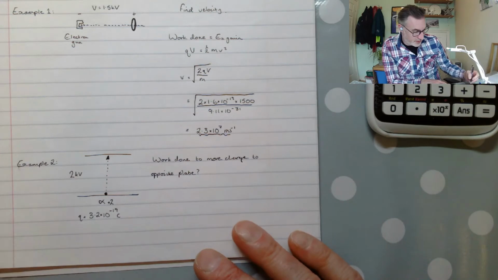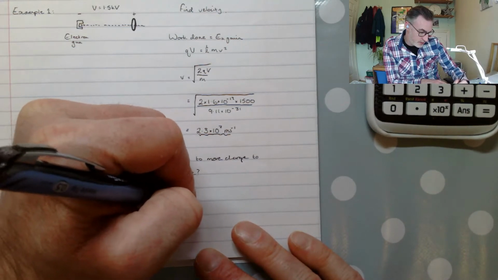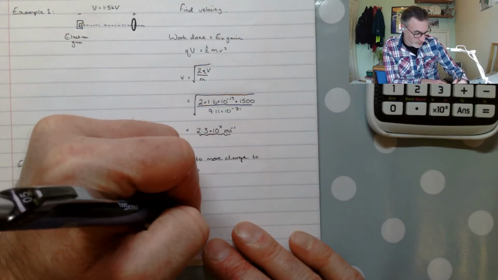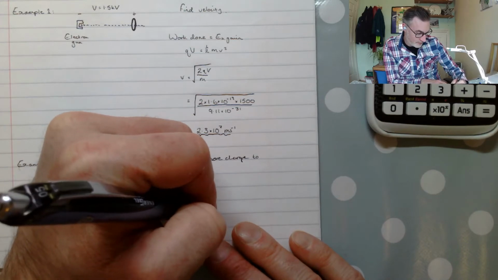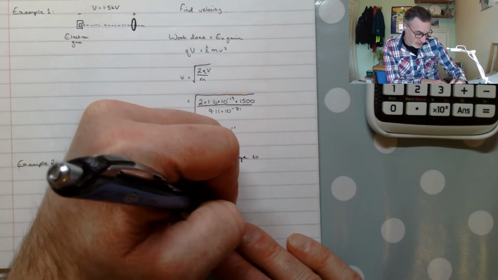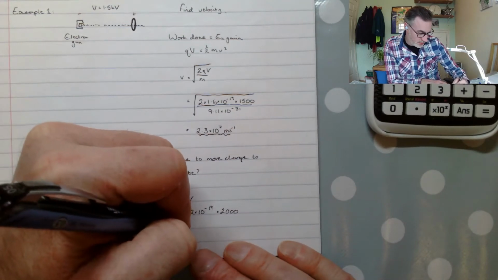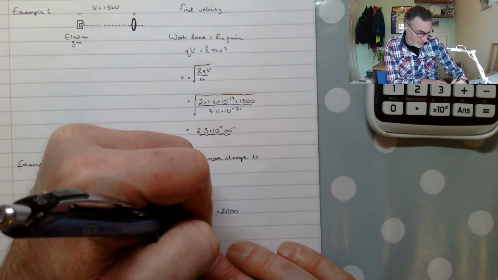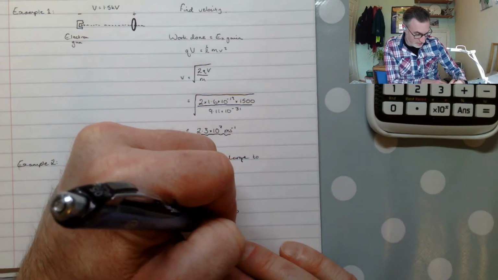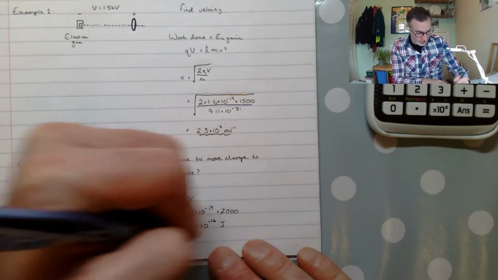So work done to move the charge to the opposite plate is simply EW equals QV. We would have 3.2 times 10 to the minus 19 times 2,000, and that'll be 6.4 times 10 to the minus 16 joules.